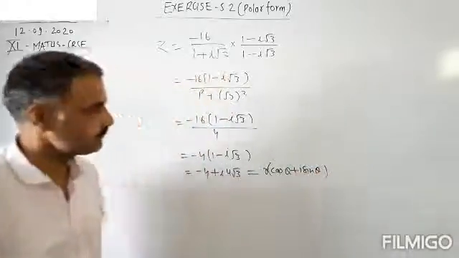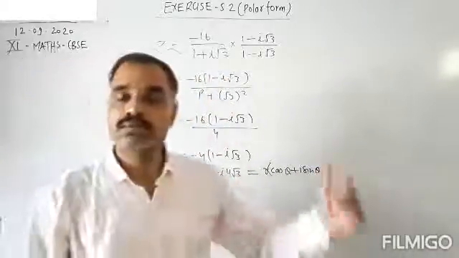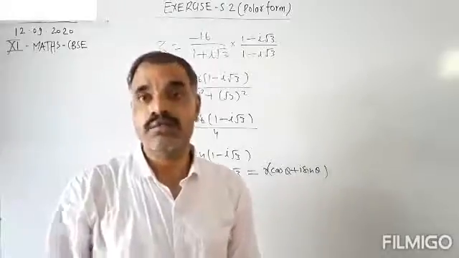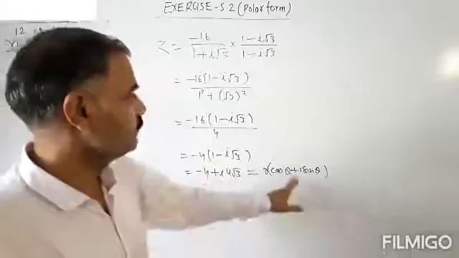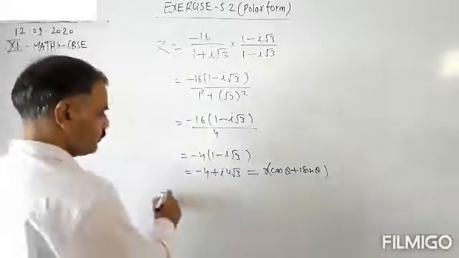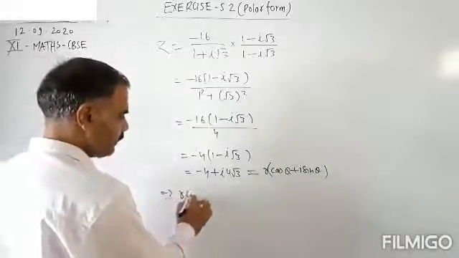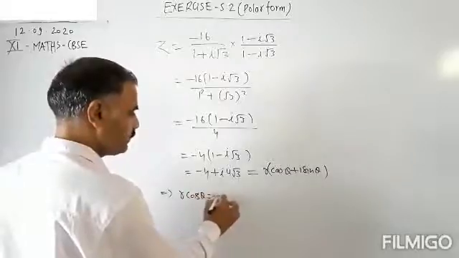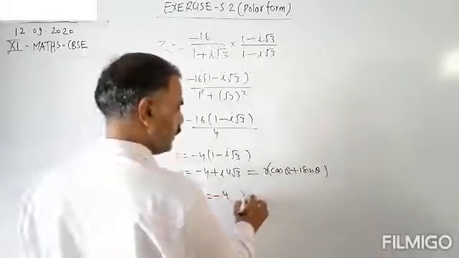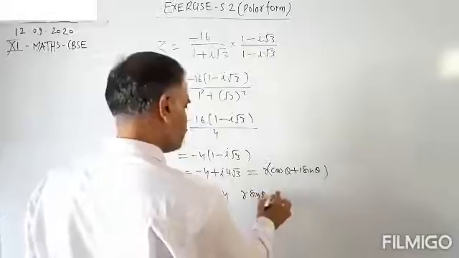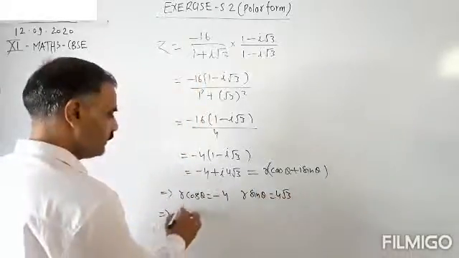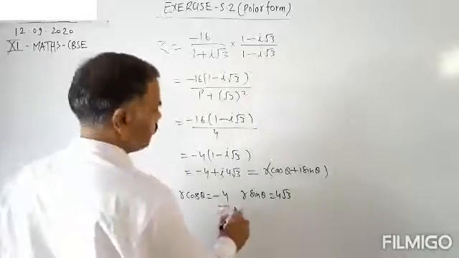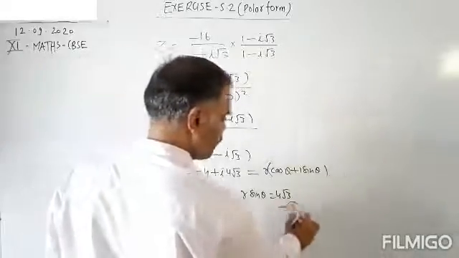This is equal to the polar form, r cos theta plus iota r sin theta. By comparing these two complex numbers, we have r cos theta equals minus 4 and r sin theta equals 4 under root 3. This is equation number first and this is equation number second.